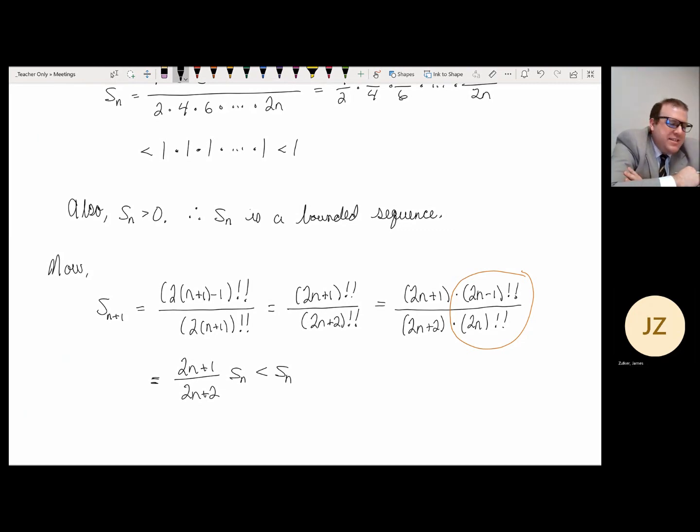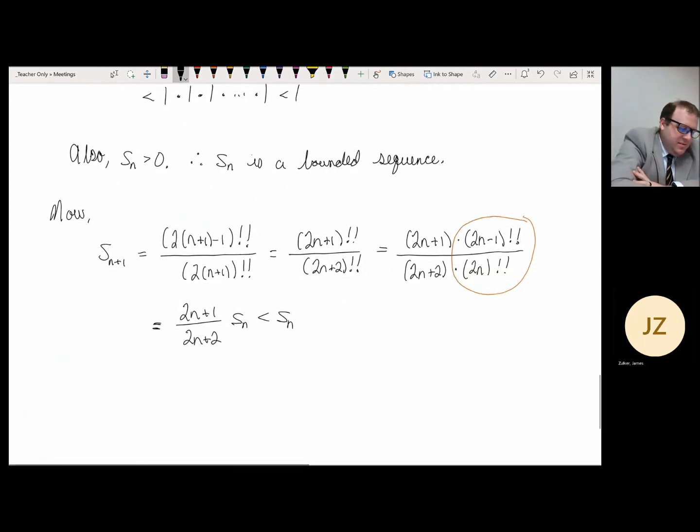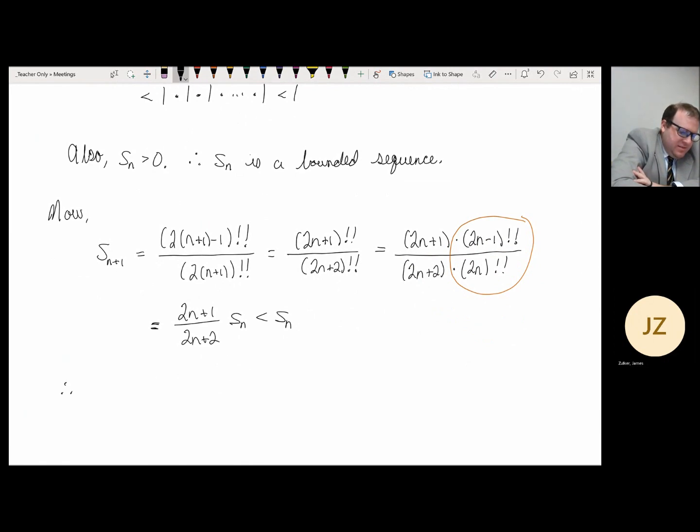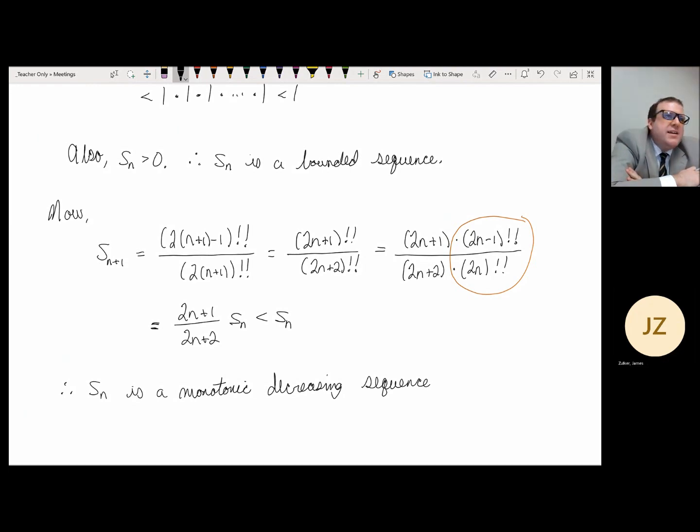Which means S sub n plus 1 is less than S sub n. This means that S sub n is monotonic decreasing.